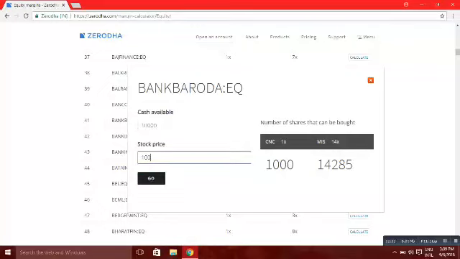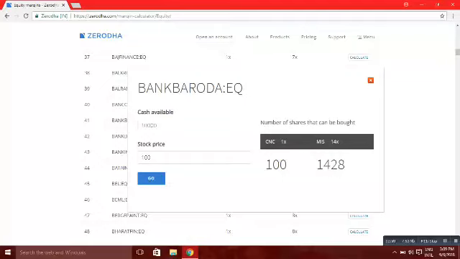See, in CNC we can buy 100 shares, which is cash and carry forward. You can carry it to the next day. And MIS stands for intraday purpose. So you have to sell within the same day, or square off by 3 p.m.